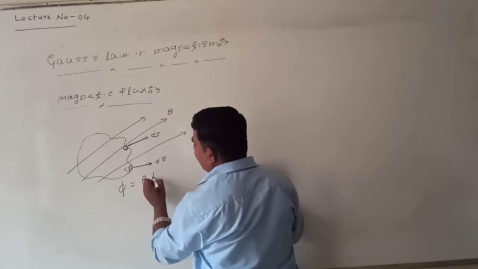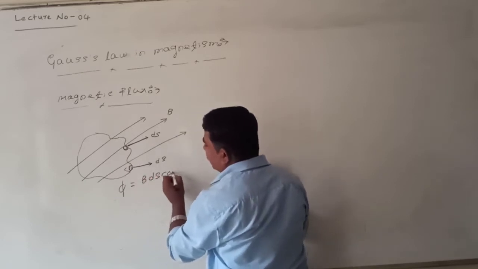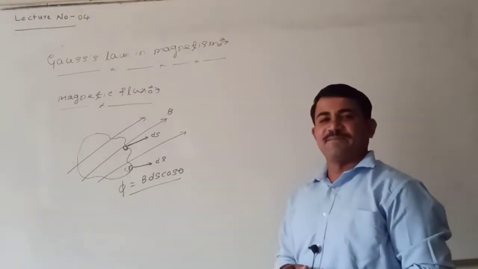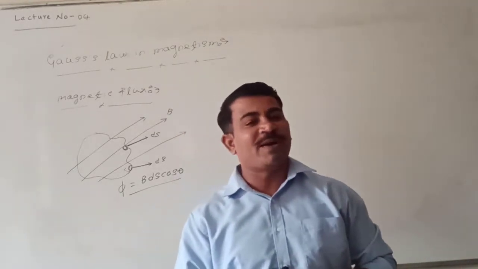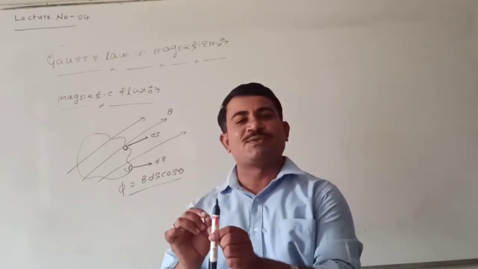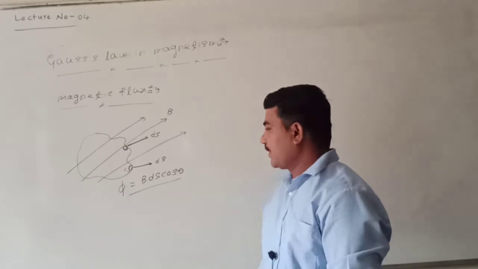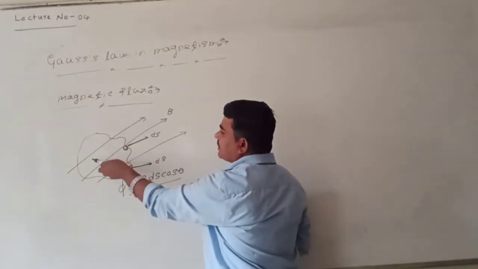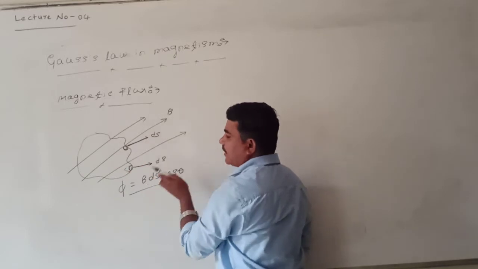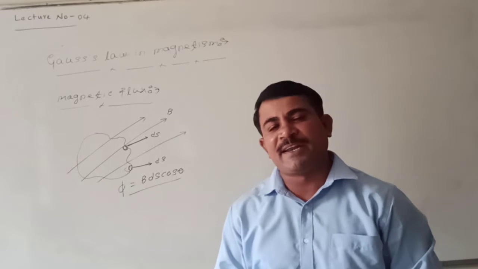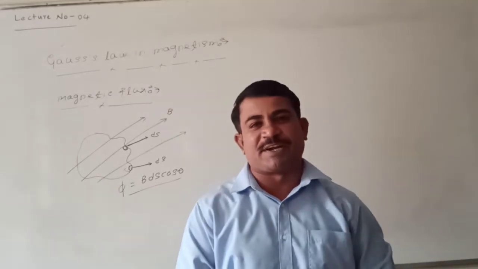The scalar product is B ds cos theta. This we call the magnetic flux quantity. Magnetic flux means the number of magnetic field lines passing through a surface perpendicular to it. This number of field lines that can pass, we call magnetic flux. And the magnetic flux, as we have already seen, is a scalar quantity.